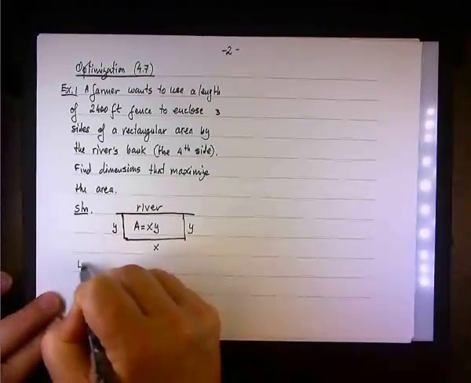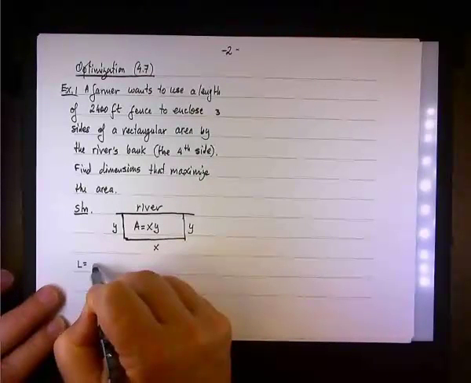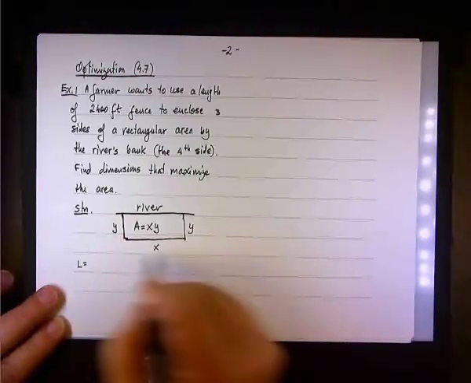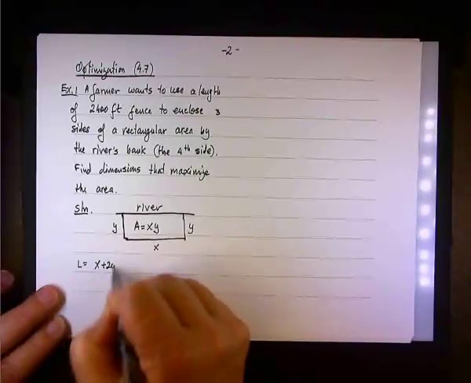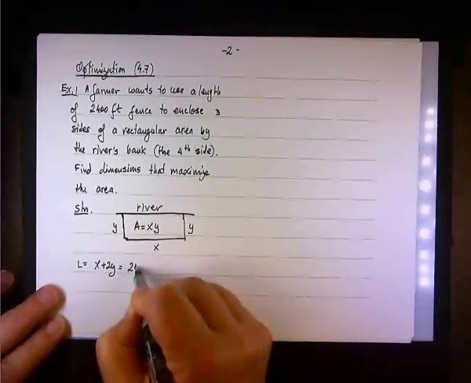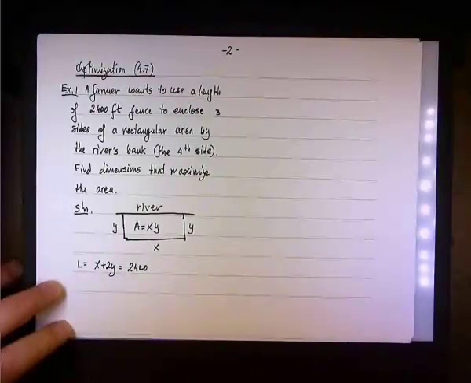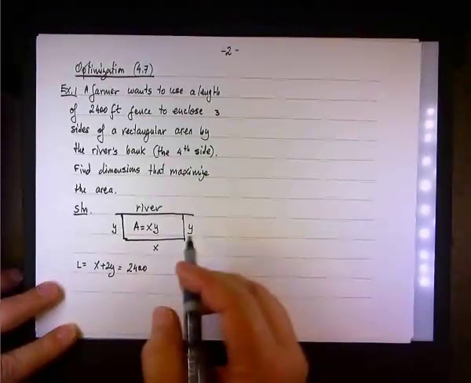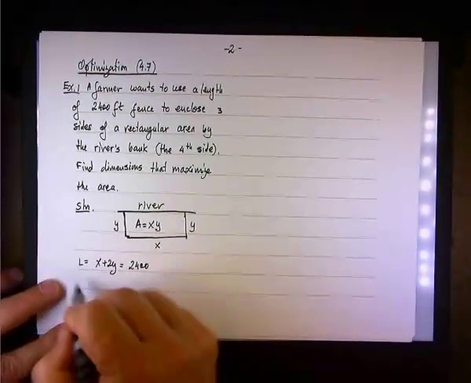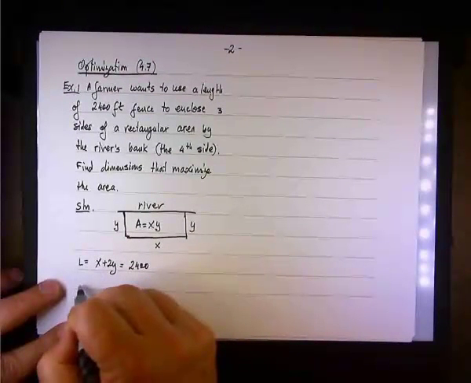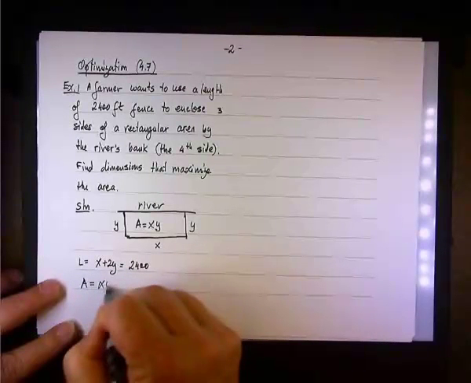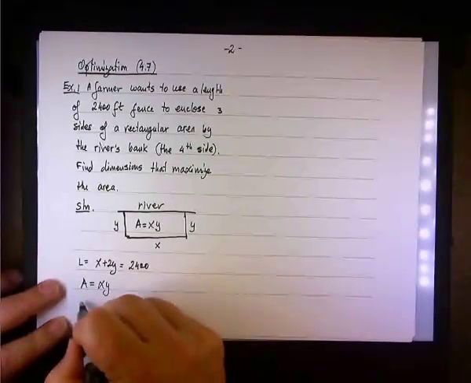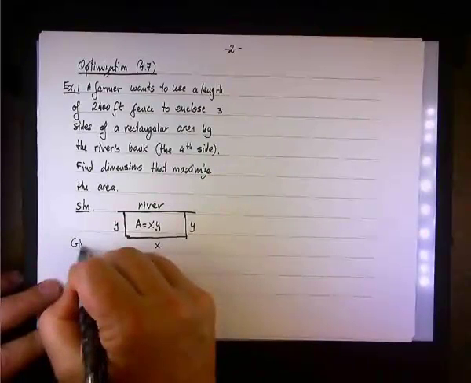So L, the length, is x plus 2y, and it equals 2,400 feet. And of course A equals xy, so this is given to us.